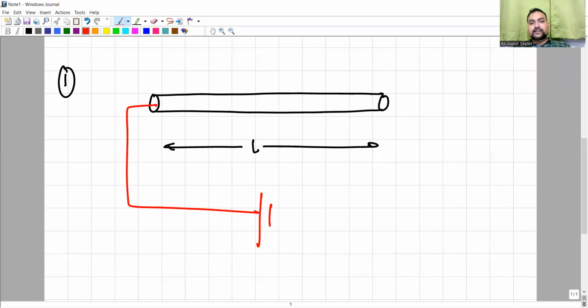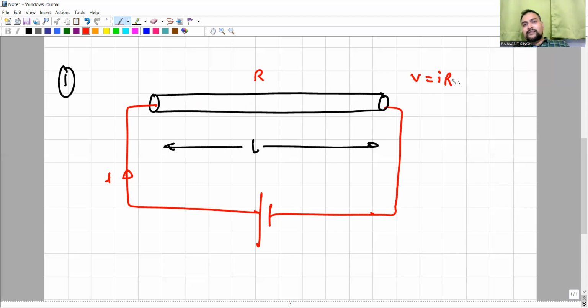The current is flowing in the circuit and the potential drop V is equal to IR, very simple.